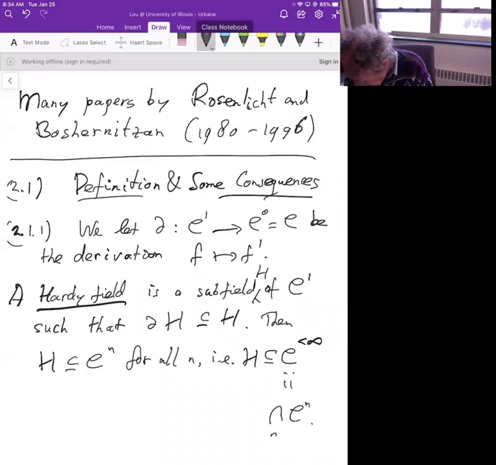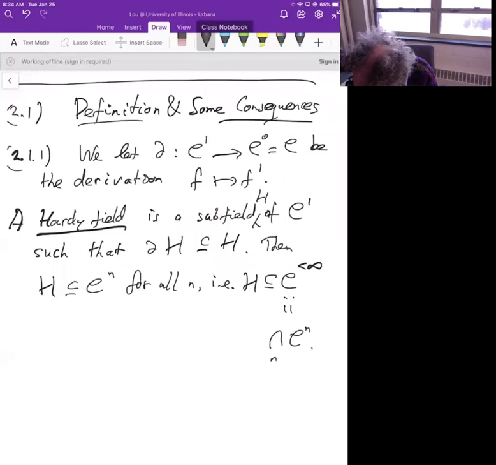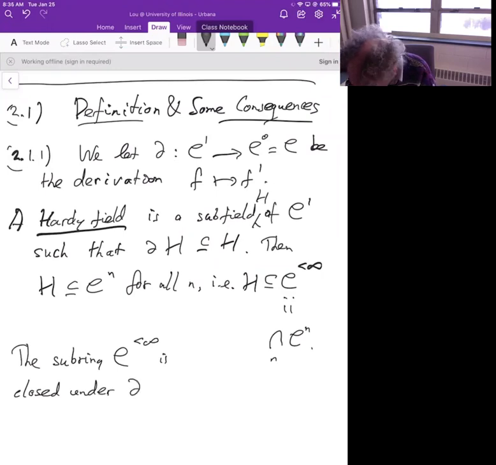So that is actually a differential ring. The subring is closed under the derivation, and we consider this as a differential ring.